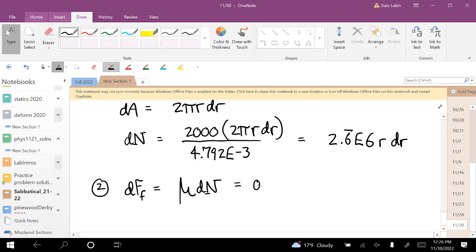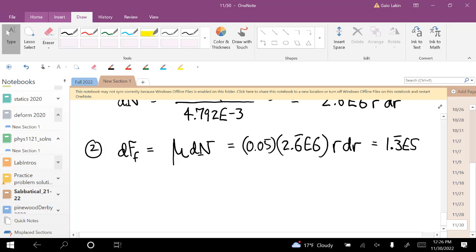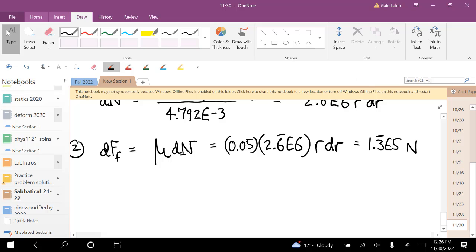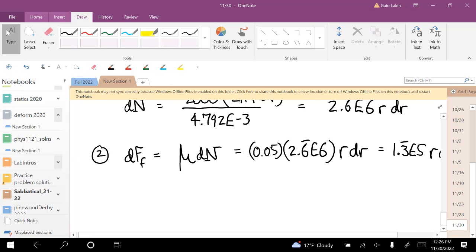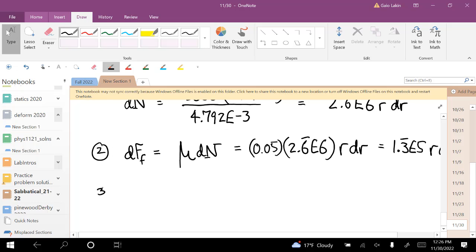So 0.05 times 2.6 repeating times 10 to the 6 r dr. Can someone tell me what that is? 1.3 repeating times 10 to the 5, and we're still in SI units, times r dr. Now we have to figure out the moment that one infinitesimal friction force applies.